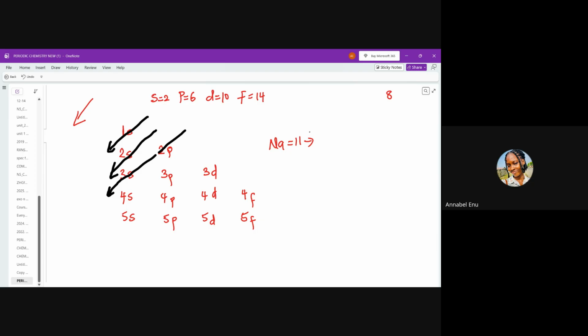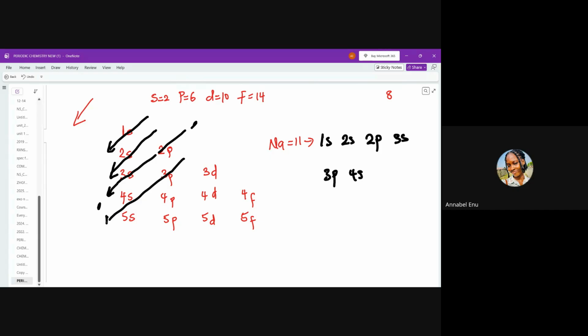The first shell that will come is 1s, then 2s, then 2p before 3s, because you are coming from the top to the bottom. Okay, then 3s, then the next one that will come is 3p, 4s, right? That's the trend. Who can tell me what will come next after 4s?